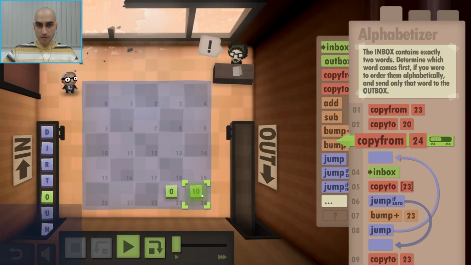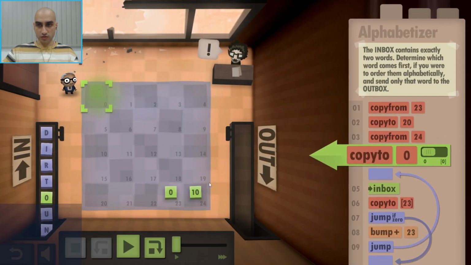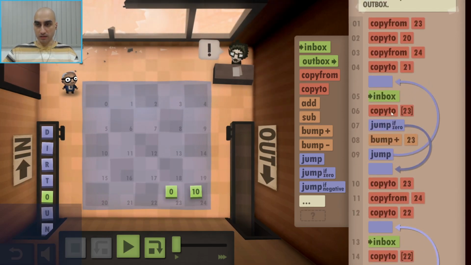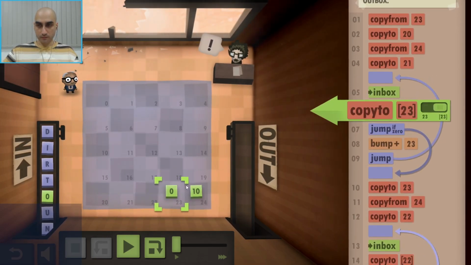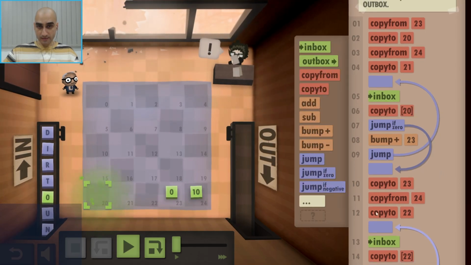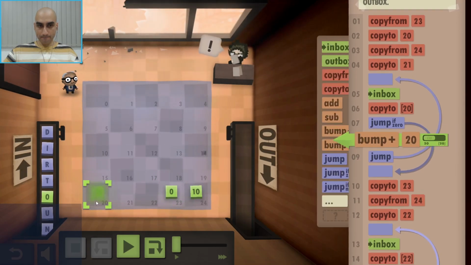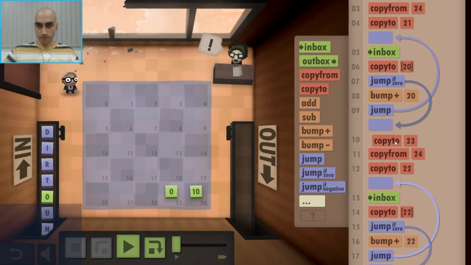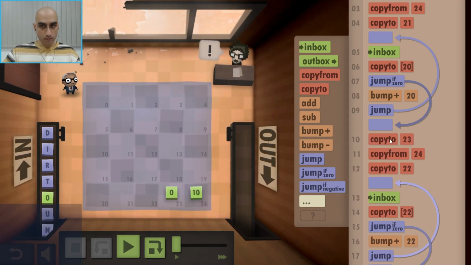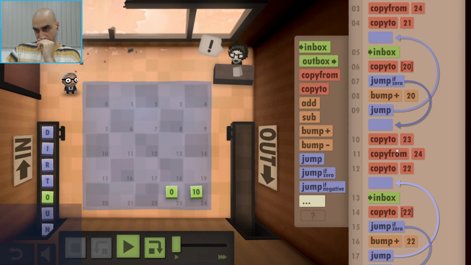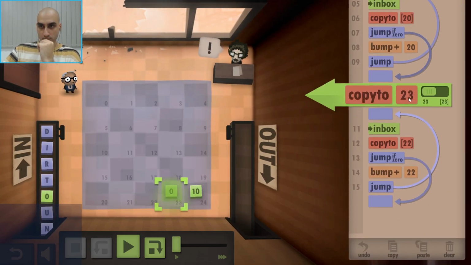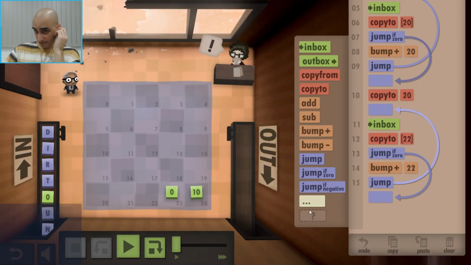Copy from there. Copy to there. Alright, so we have resettable counters now. So here we're using that. Bump that. Okay. And here we reset that counter.